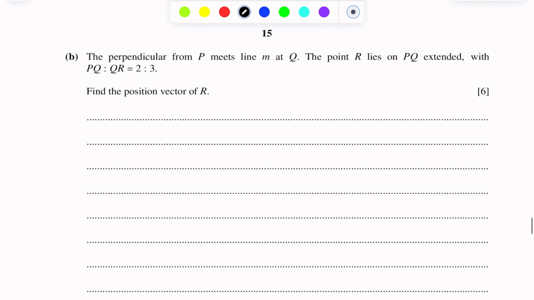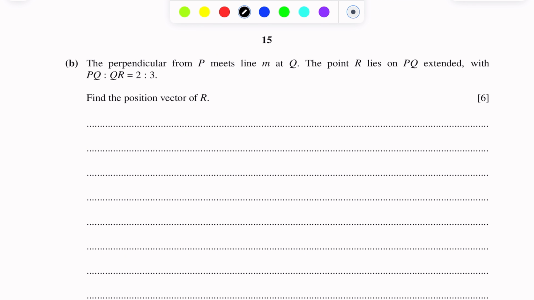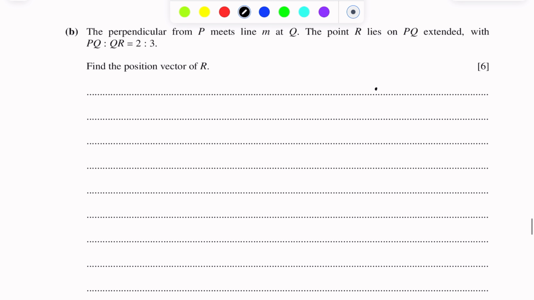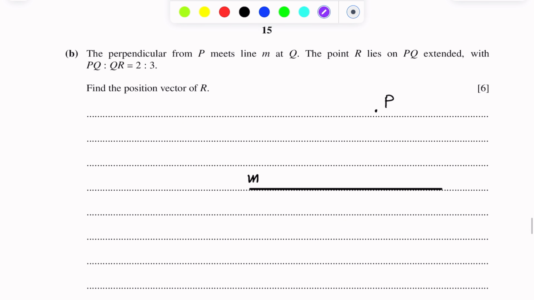So, line M, perpendicular from P. Let this be point P, and this is line M. From point P, the perpendicular from P is this line.